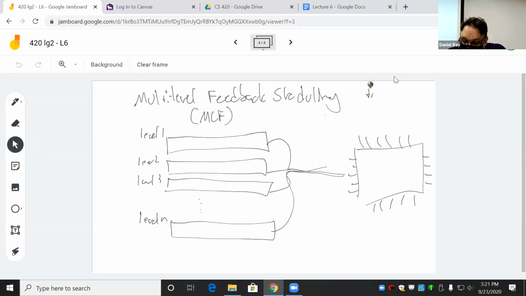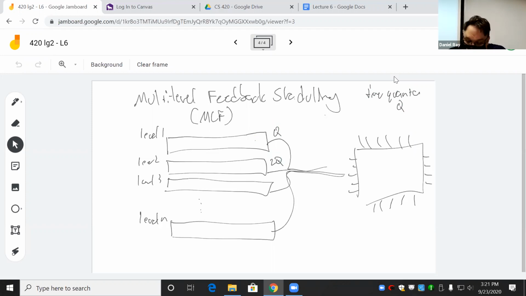Still, you have the notion of a time quanta, and let's call it Q. All of the things that leave level 1's priority queue and go into the processor get to execute for a time quanta of Q. All of the things at level 2 get to execute for 2Q. Okay?